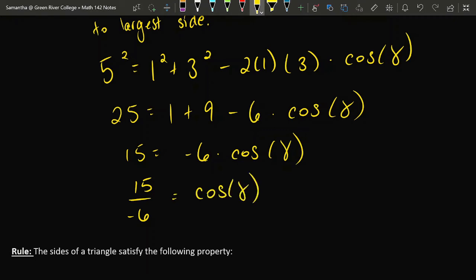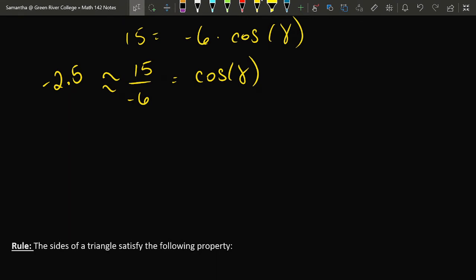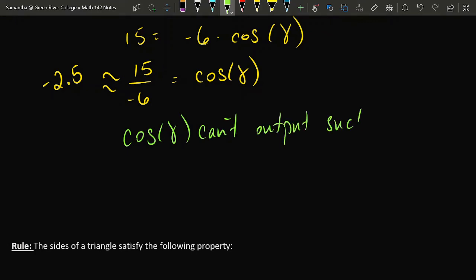Now, in case you're having trouble visualizing the size of this number here on the left, its decimal approximation is equal to negative 2.5. So what we're asking is for cosine to output a value which is smaller than negative 1. The problem is that cosine of gamma can't output such a small number.